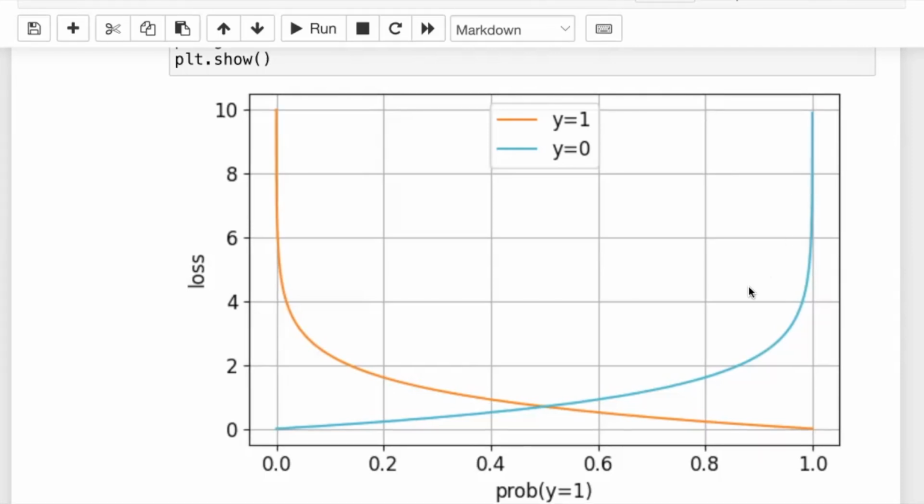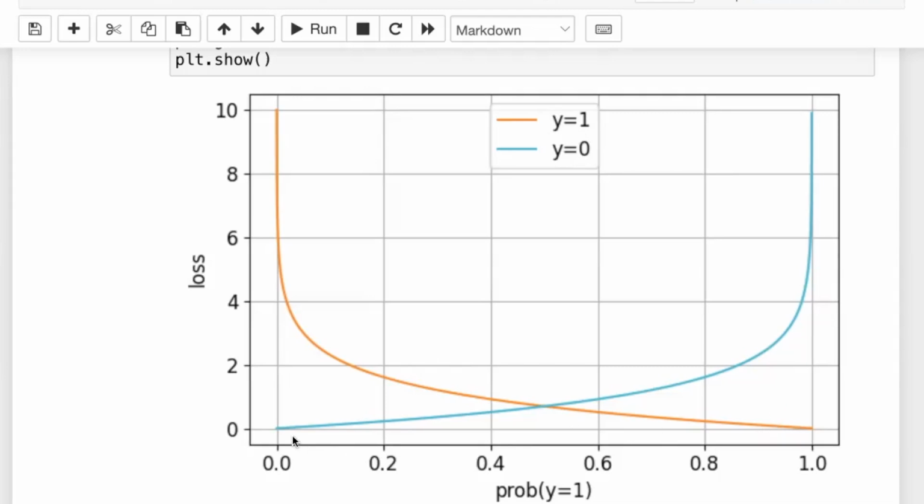However, in general, in my opinion, it's just easier to focus on one of these two. For example, y equals 1, the orange curve, because that matches better with what we have here as the label. And here it's very clear that when the probability of y equals 1 is 1, and the data point belongs to class 1, there is 0 error.